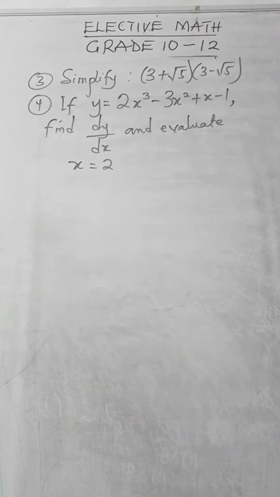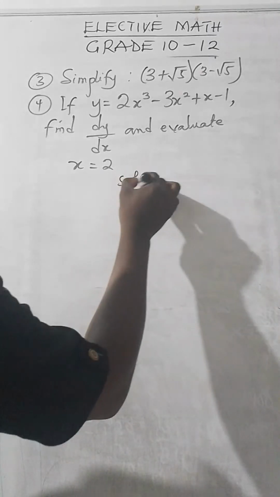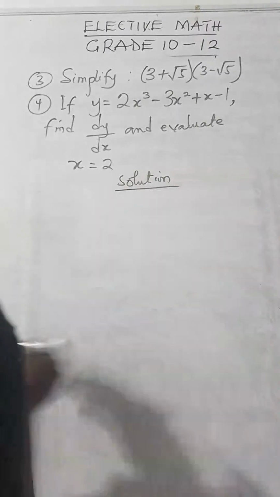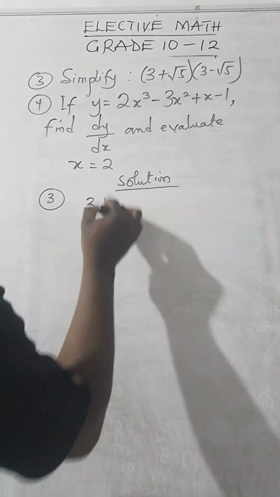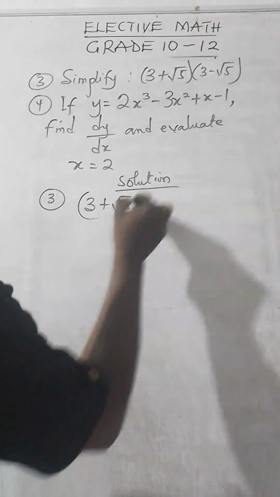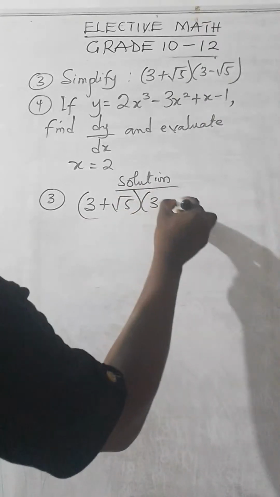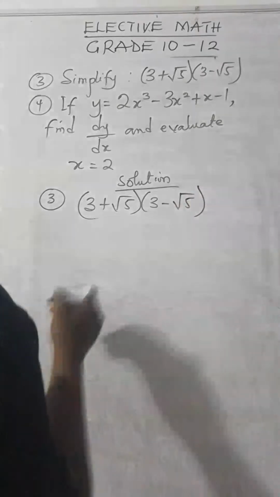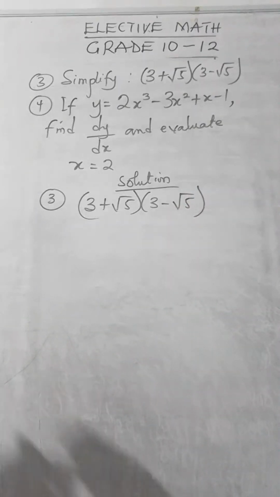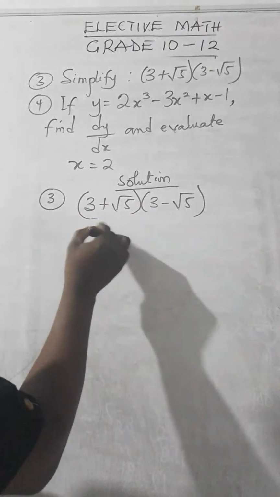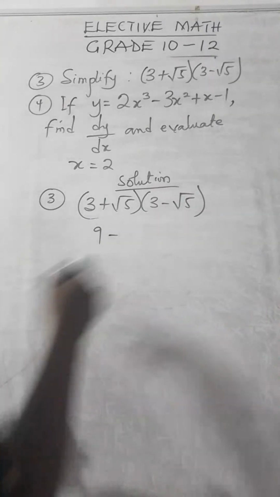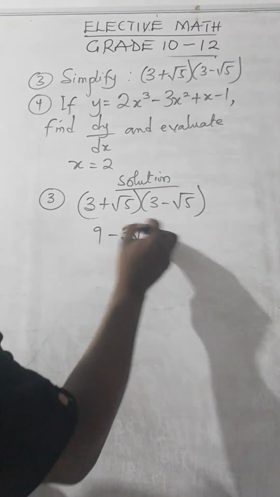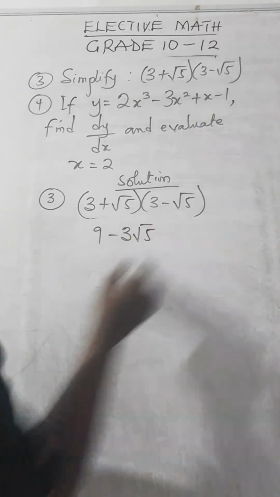So with the first one here, we have 3 plus root 5, then 3 minus root 5. So you expand it. We get 3 times 3, that is 9. Then 3 times minus root 5 is minus 3 root 5.